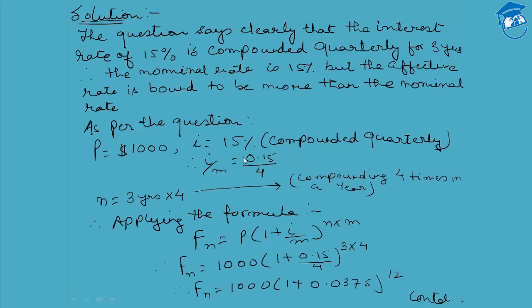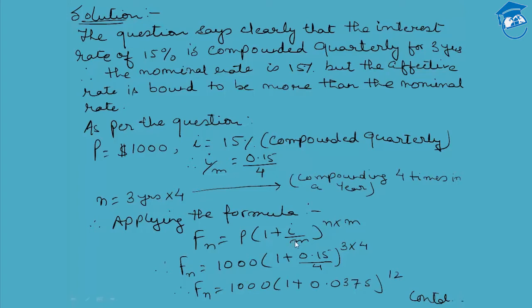Rather, he shall be getting 0.15 upon 4. That is, 15% nominal interest shall be paid to him across 4 times in a year. Therefore, it shall be I upon 4, that is 0.15 upon 4. So applying the formula, we get Fn is equal to 1000, P is 1000, that is the present value.